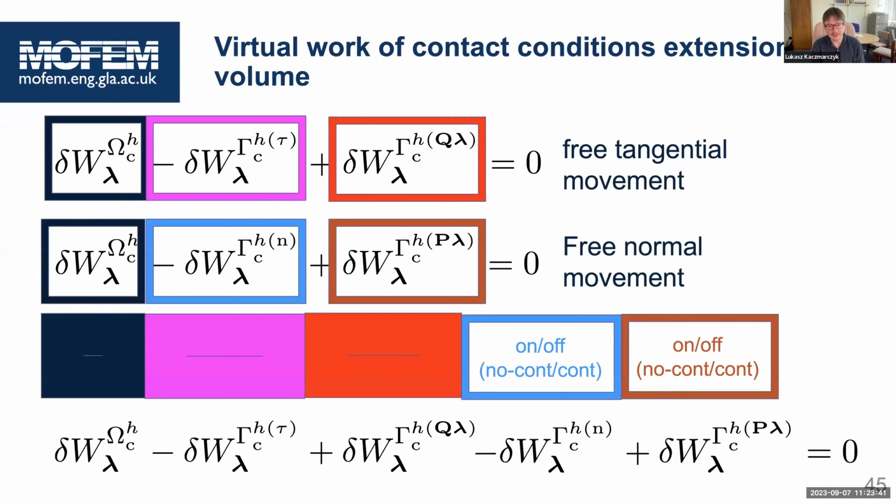Everything over here works a little bit differently than in the classical formulation. First, we integrate things in the volume to properly calculate norms of the Lagrange multipliers. And then we have terms with the constraint functions which are on the boundary.